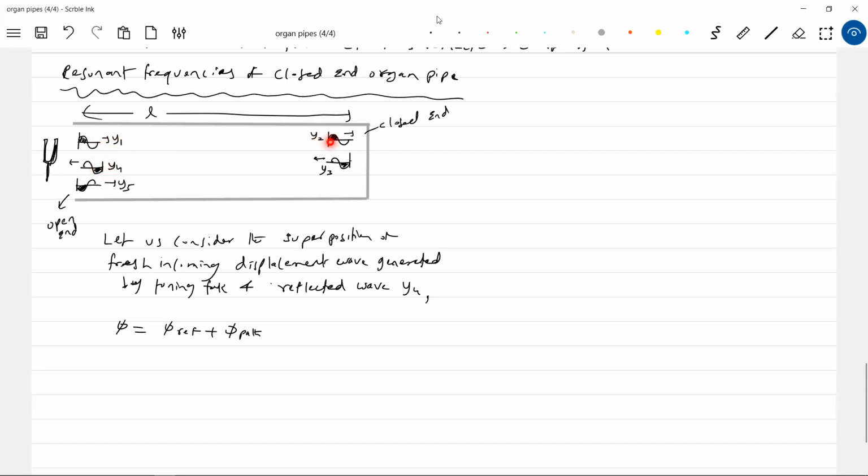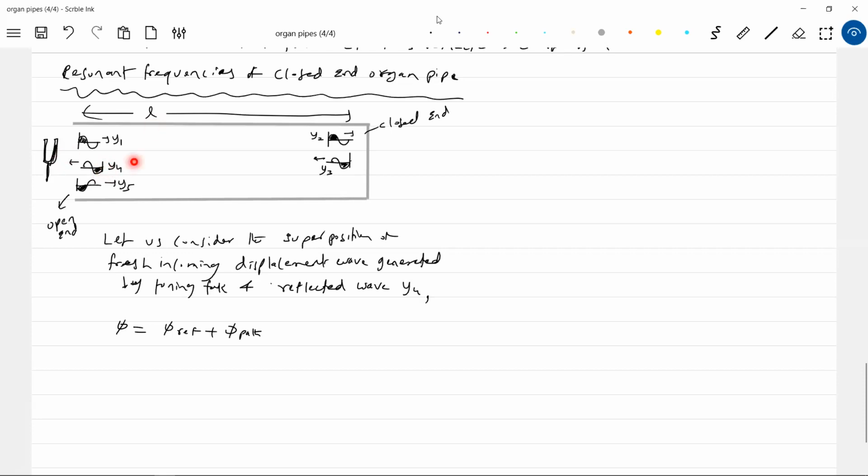It will cover a distance L, then again L, so 2L. Definitely it will gain some phase. Remember yesterday's class: if a wave propagates some distance, it will gain phase. So between the fresh incoming wave and Y4 there will be a phase difference.